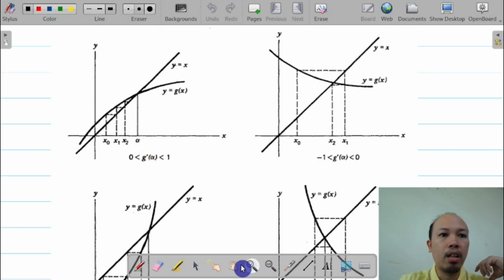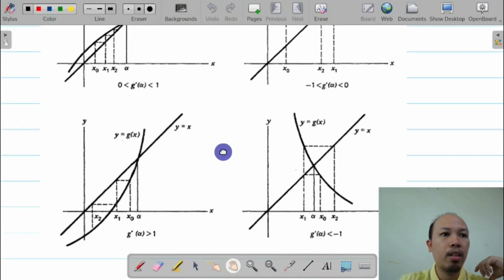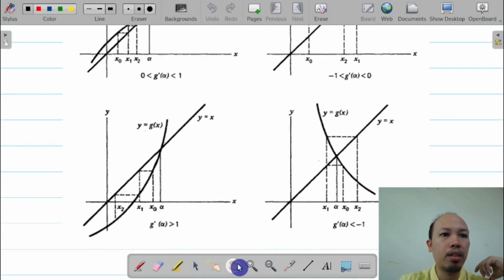But if you have greater than 1, it will diverge. For example, this one here, it moves away from the fixed point, then moves back again, and so on and so forth.